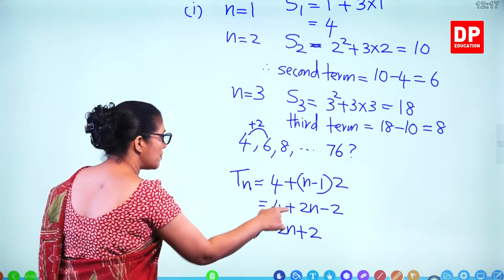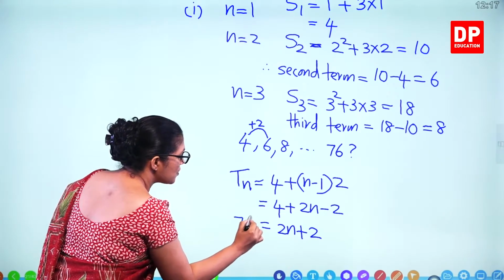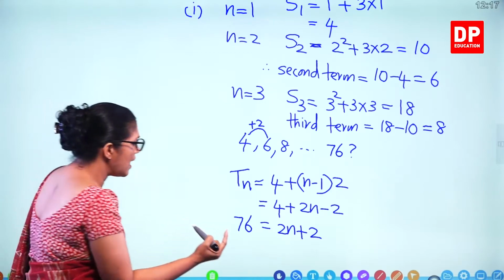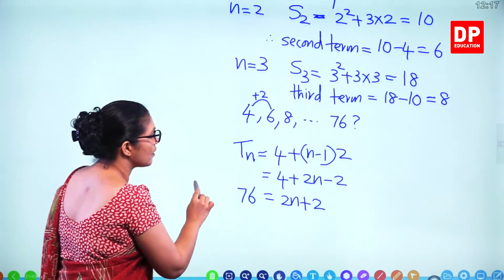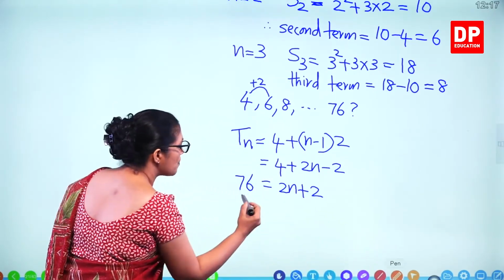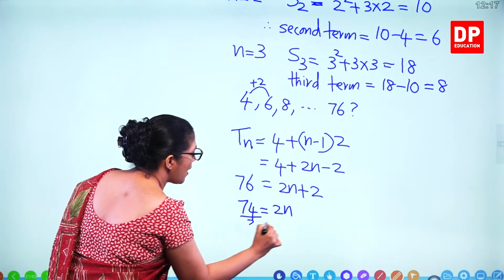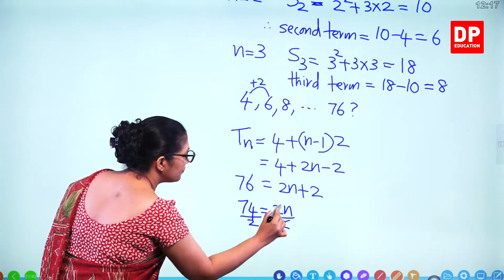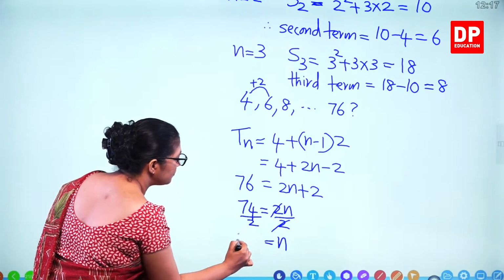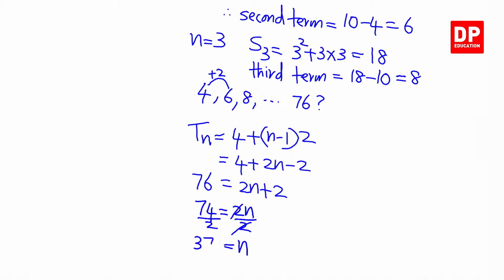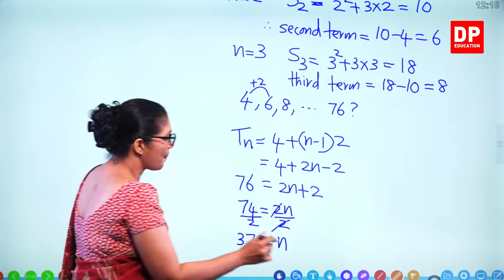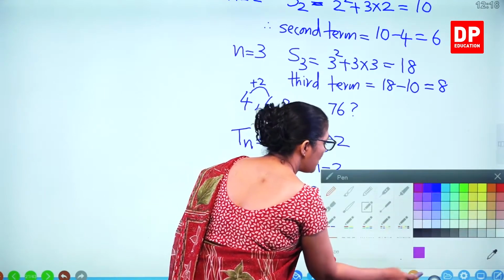So which term is 76? Substitute 76 there and find n. Subtract 2, you get 74 equals 2n, divide by 2, n becomes 37. So n is 37 means the 37th term is 76. So let's see how many marks.